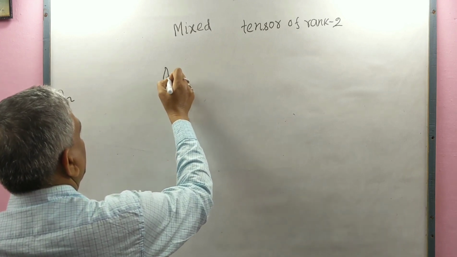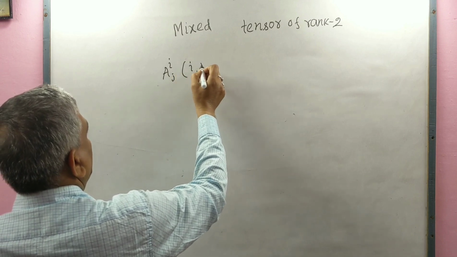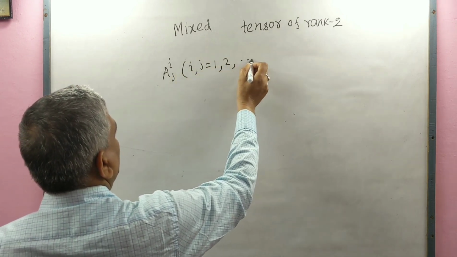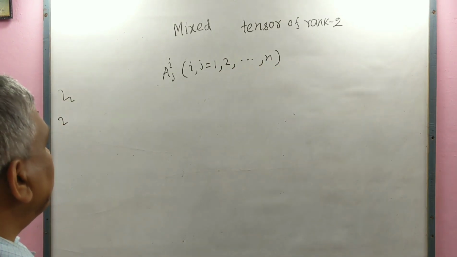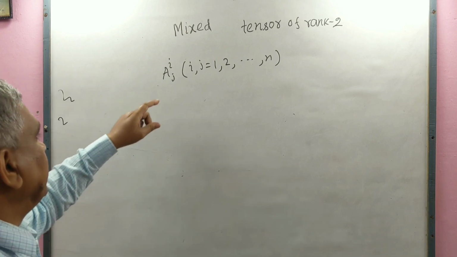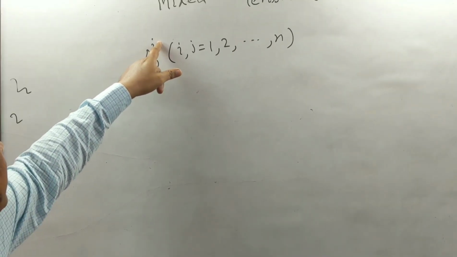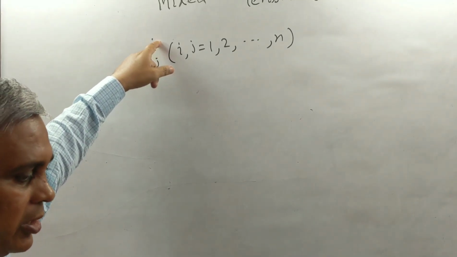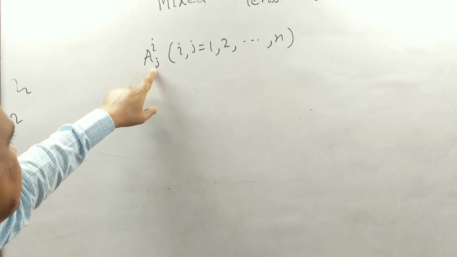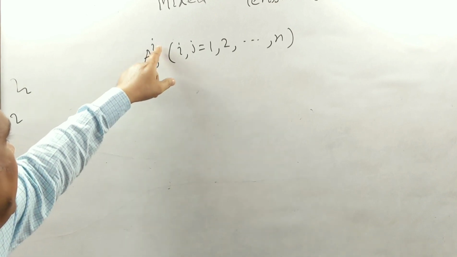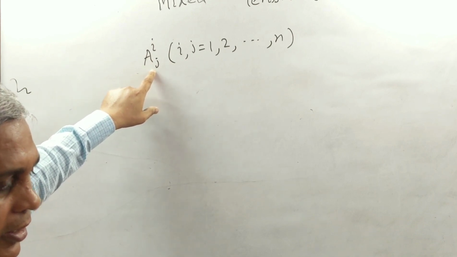Let A^i_j, i, j equal to 1 to n, be n square quantities in x system of coordinates. Here it is said to be mixed as i is a superscript and j a subscript. Mixed in the sense that i denotes contravariant and j denotes covariant.